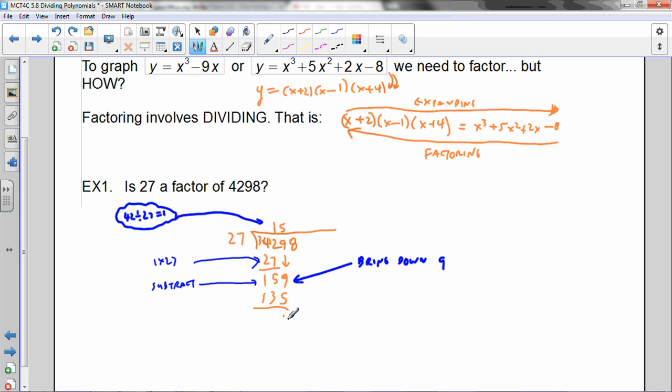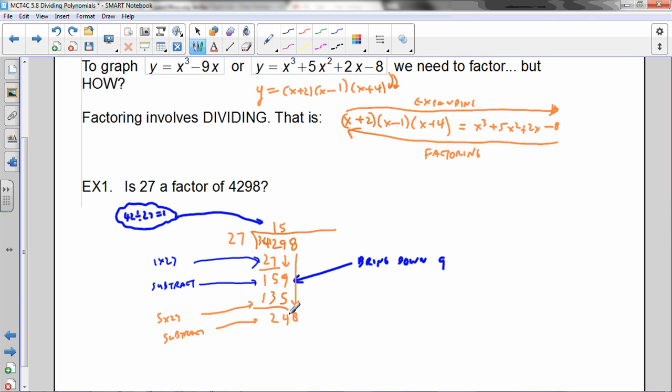And then I subtract. This is the same steps, right? So what did I do there? 5 times 27 gave me the 135, and then the 24 was subtracting. And I knew that I did a good job because this answer is less than that one. It's all good. Now I'm going to bring down the 8.